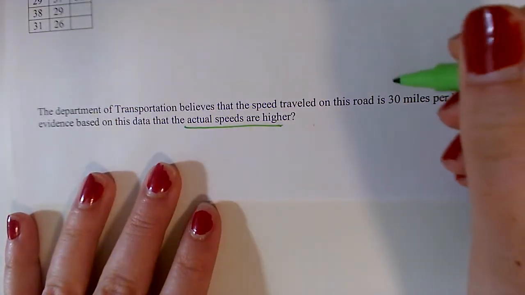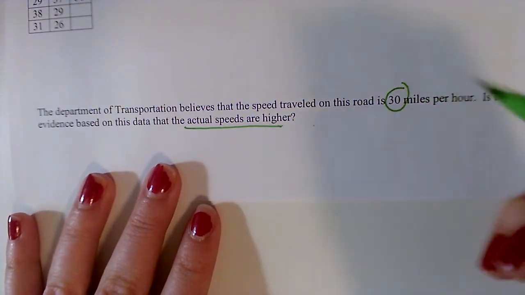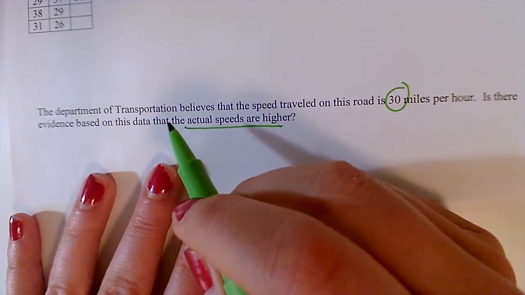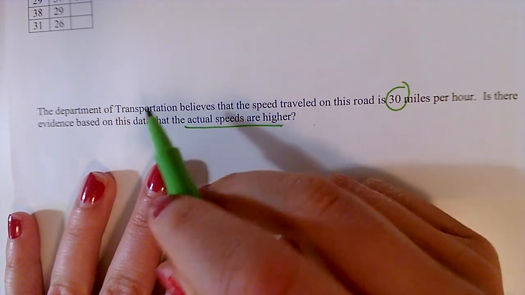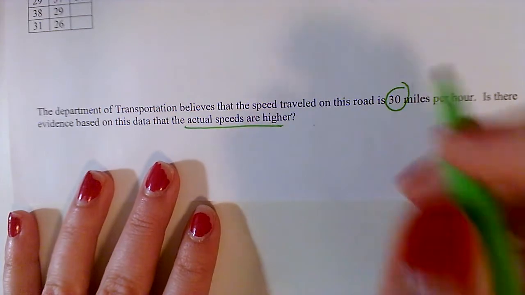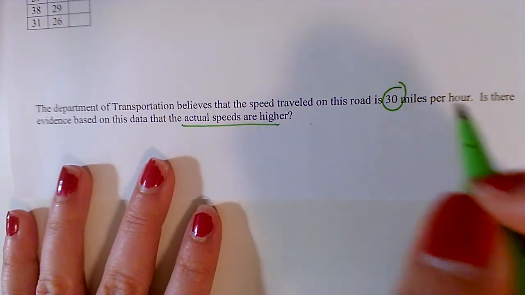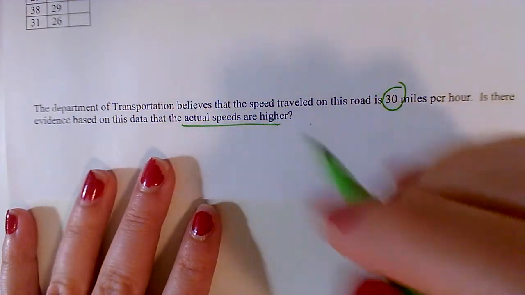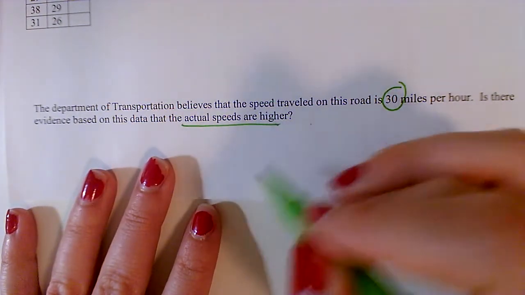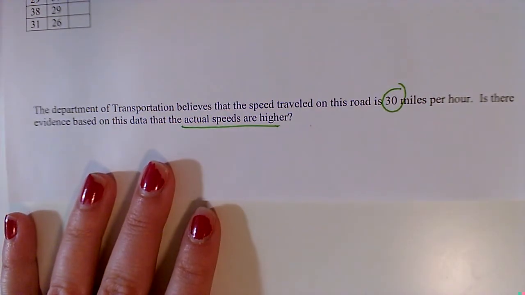Well, let's look at the number they give us. They really do truly believe that the speed on this road is 30, that people are honest, loyal, law-abiding citizens who never speed or drive slower. Is there evidence, based on our data, that the actual speeds are higher? Well, let's see.